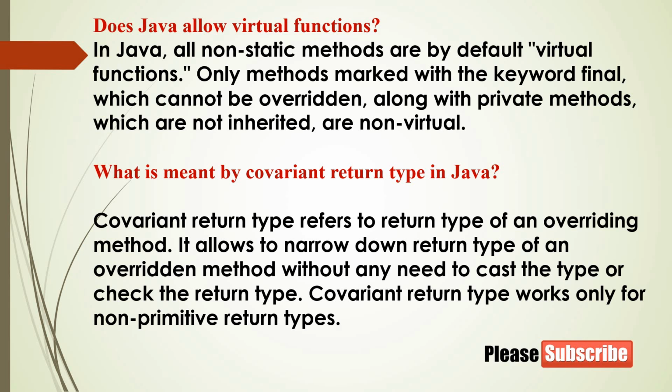As I told you about overriding methods, it's the return type of overridden methods that gets narrowed down. You don't need to cast it; sometimes we do upcasting, and we don't need to do it. We can use covariant return type for non-primitive return types.